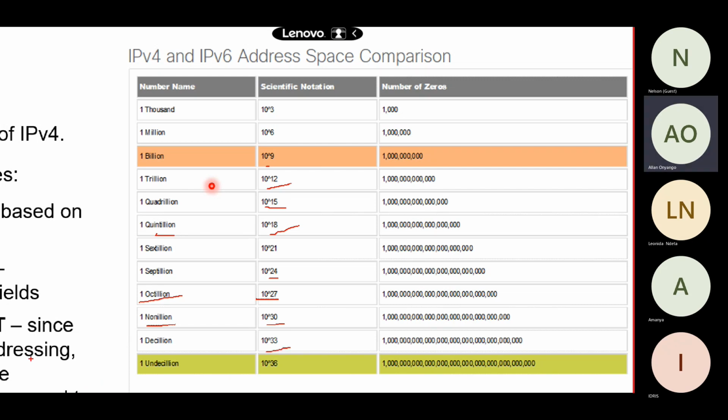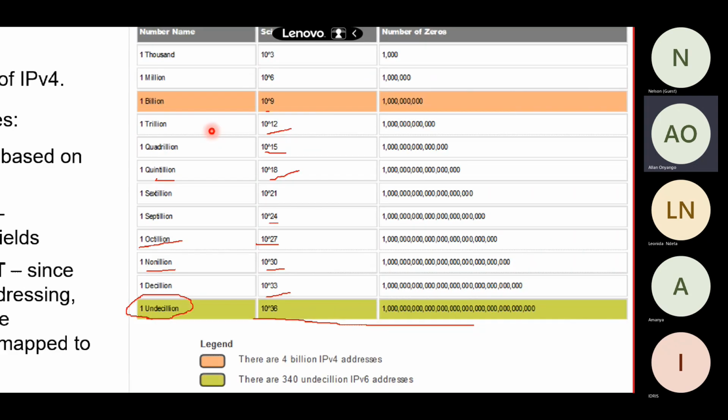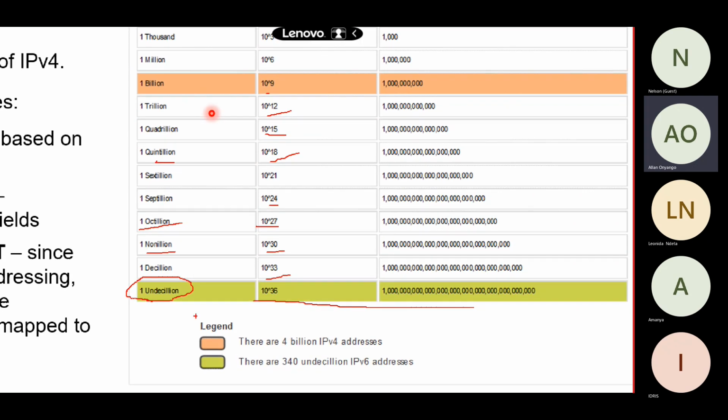And then we have our number down here, undecillion, where IPv6 addresses are, which is actually a number with 36 zeros. So 1 with 36 zeros, we call that an undecillion. So normally, we actually do have 340 undecillion IPv6 addresses. This is a very huge number of addresses, ladies and gentlemen.